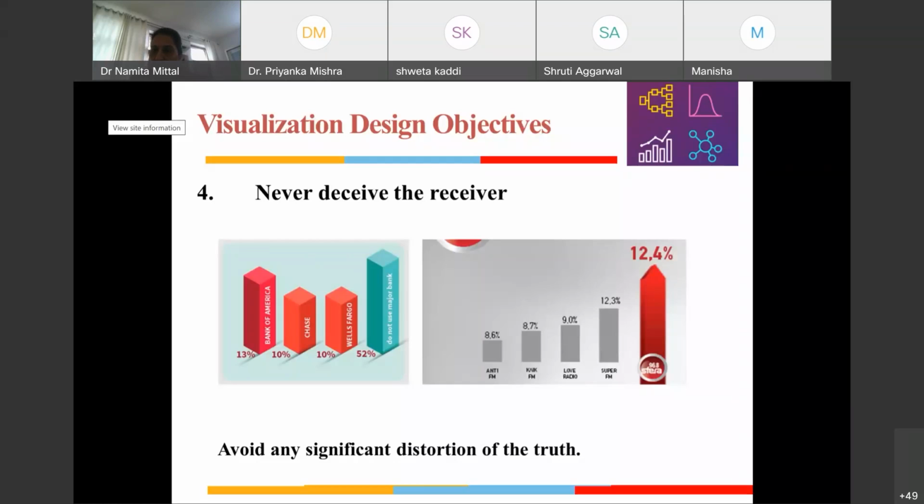Only a 0.1% difference, but it's making a big difference in terms of graph. So it is a significant distortion of the truth. Because something is to be highlighted, they have made a big difference. So this is the example of deceiving the receiver.